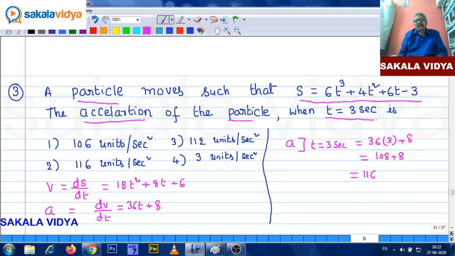But what are the units for acceleration? Units for acceleration is units per second square. So, the second option is the right option.